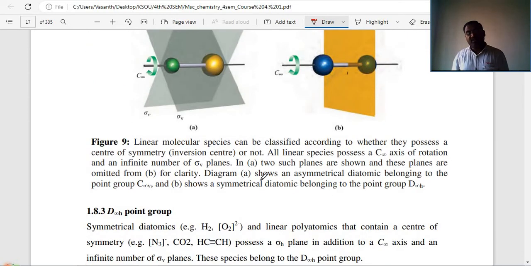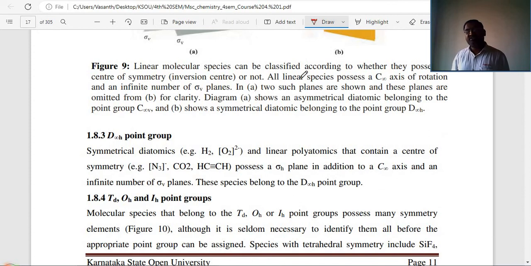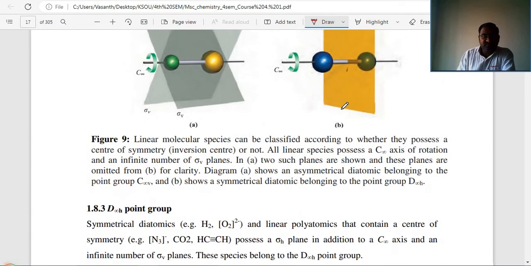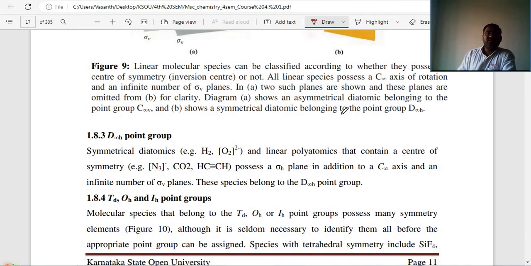Linear molecules can be classified according to whether they possess a center of symmetry or not.